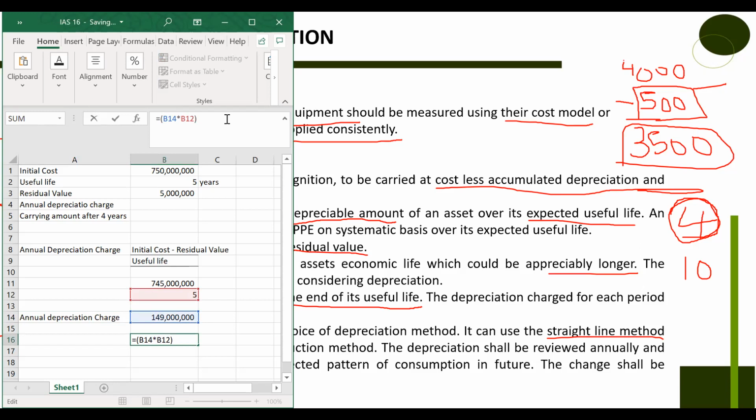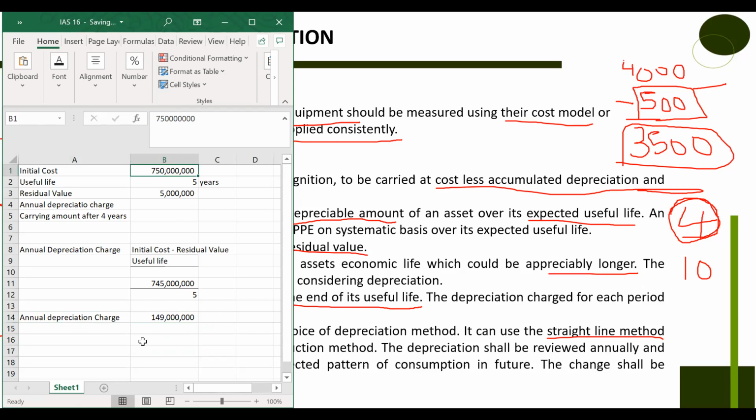When you add 5,000 to it, it will be what? 750,000. Can you see? Is this not the same asset value that we have here? So what this annual depreciation charge means is that every year we'll be removing 149,000 from the value of this asset.